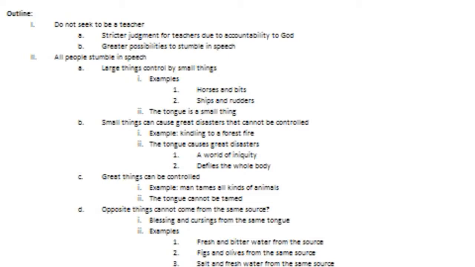Then letter C in this outline, we see great things that can be controlled. An example is man controlling all kinds of animals, but one thing he can't control is his tongue. We see opposite things that cannot come from the same source. You see there the blessings and cursings are from the same mouth. You see some examples of fresh water and bitter from the same source, or figs and olives from the same source, or salt and fresh water from the same source.